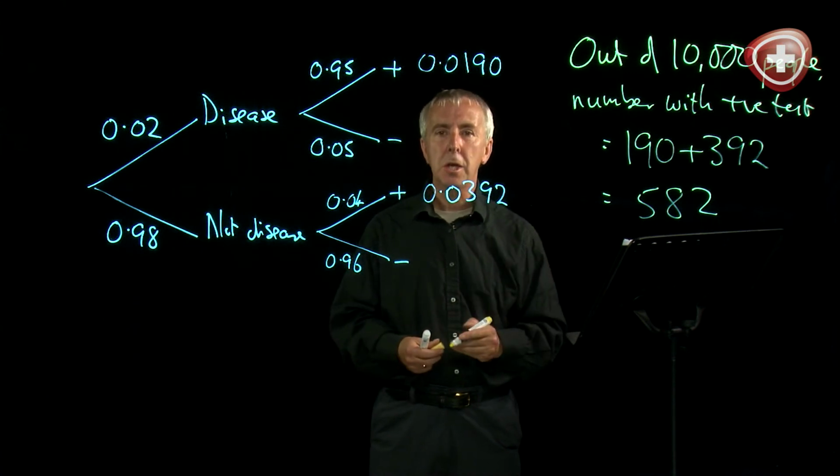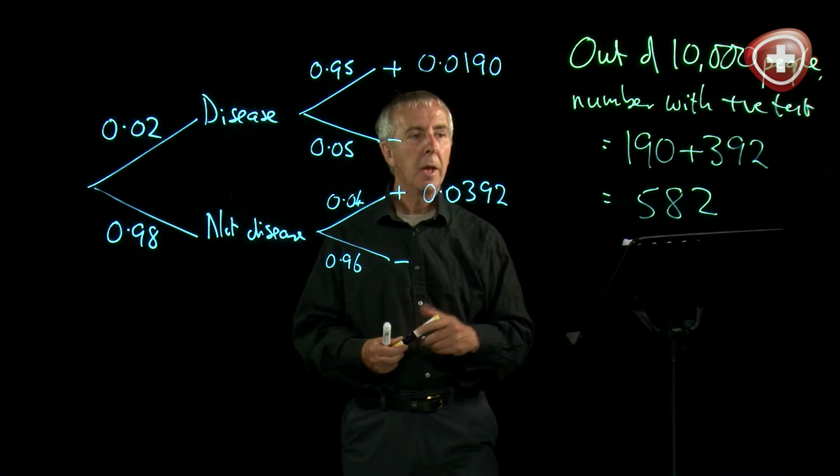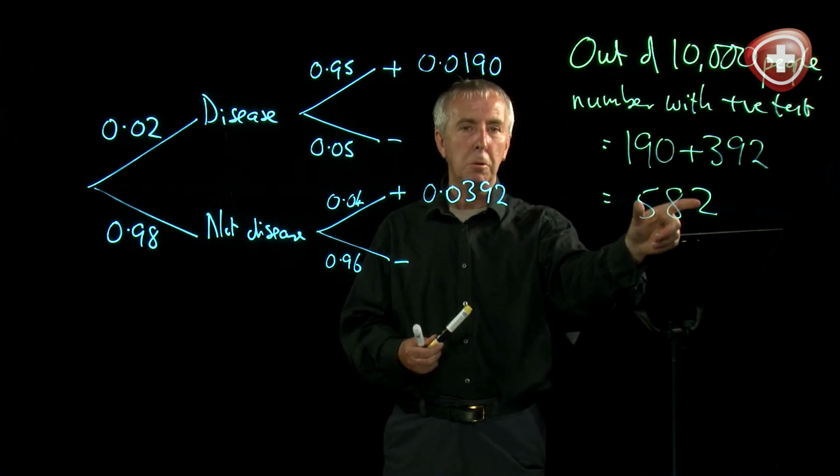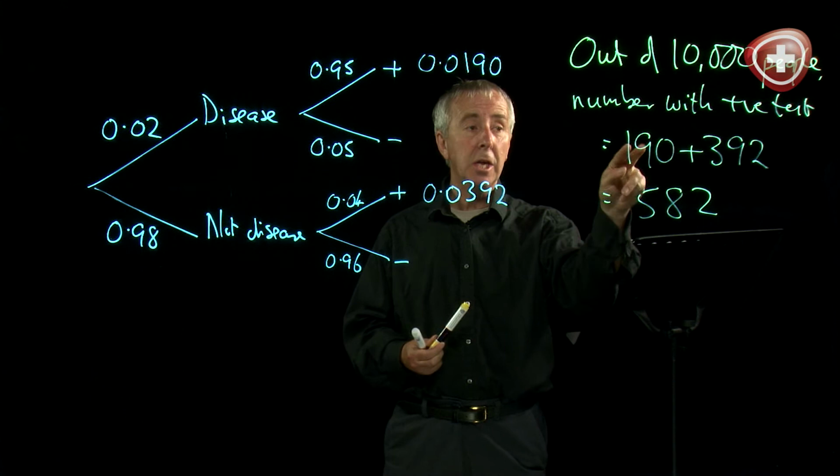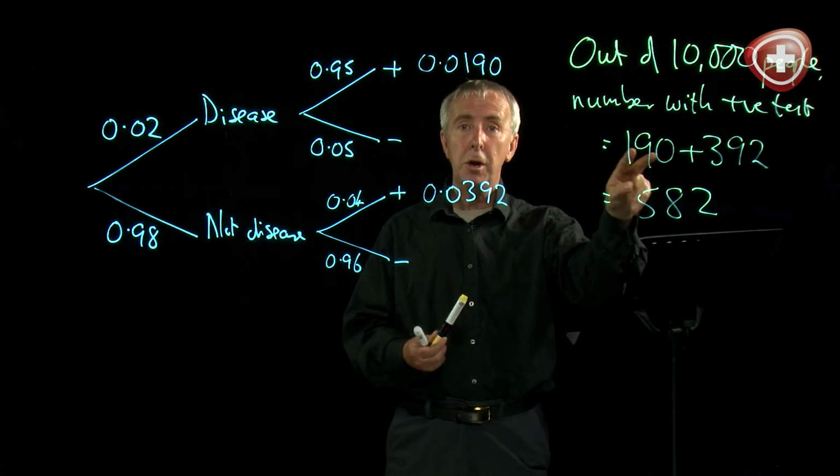What's the probability that you've actually got the disease? Out of those 582, the number who actually have the disease is in fact just 190.